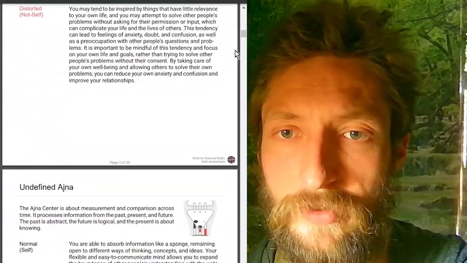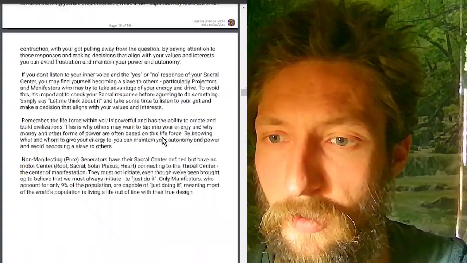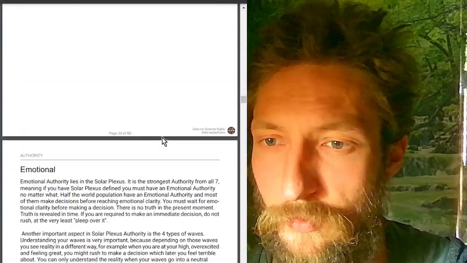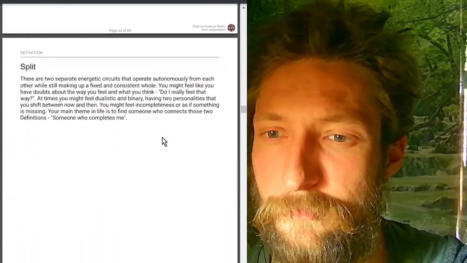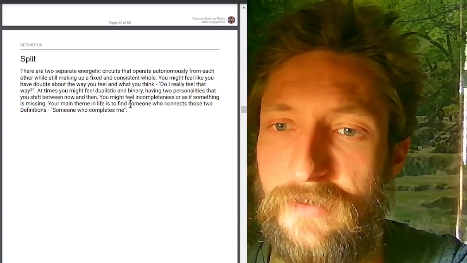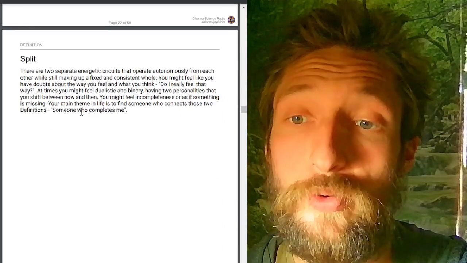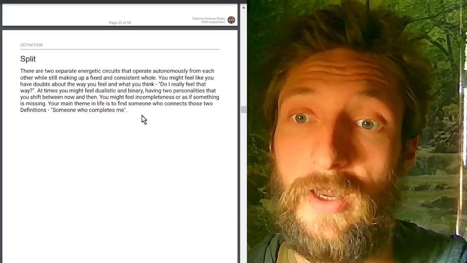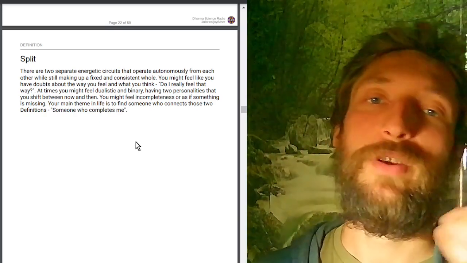Because if we look back to where it speaks about the split definition, you see, it says your main theme in life is to find someone who connects those 2 definitions, someone who completes me, in quotes.